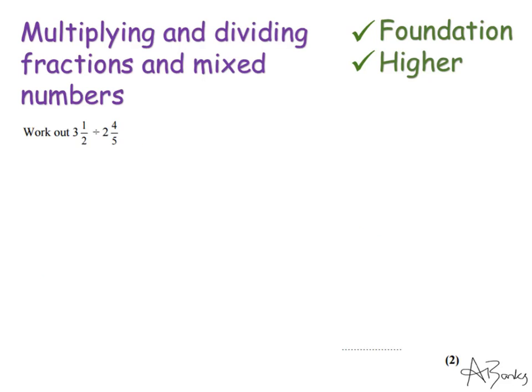Here's one of the hardest questions I can ask you then on multiplying and dividing fractions and mixed numbers, because I am dividing mixed numbers. So as before, my first step is going to be to get them out of this mixed number form and get them into improper fractions. So 3 1/2, I'm going to do 3 times 2 add 1 to get my new numerator. Denominator stays as it is. So that is 7/2.